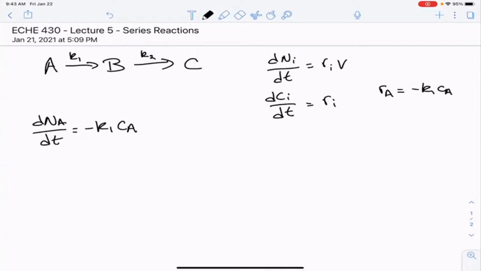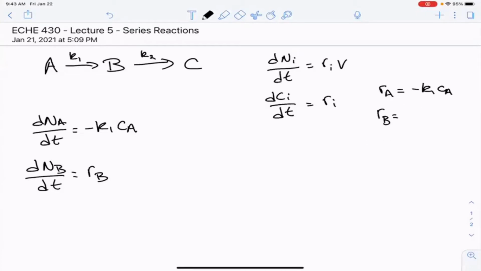All right, fine. So now let's do B, dCB/dt. That's equal to RB. So what is RB equal to? A was minus K1 CA because it only participated in the first reaction, but B is going to take part in both reactions. It'll be formed in reaction 1 and consumed in reaction 2. So how do we capture that here in RB?